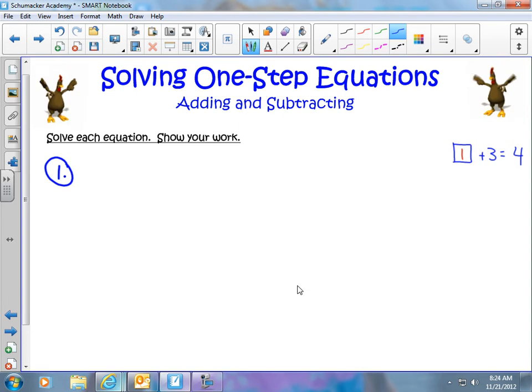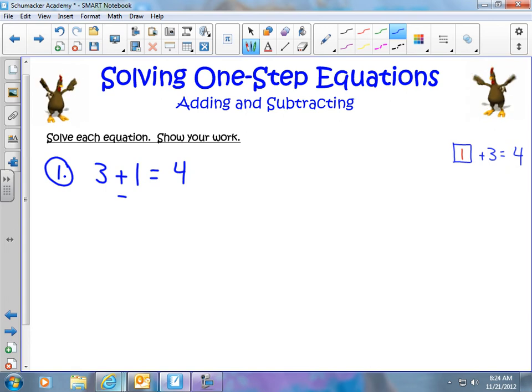Now, what is an equation? Well, basically, an equation is a statement saying that one expression is equal to another expression. And when you're doing this, you've got to keep both expressions equal the whole time. For example, if I have 3 plus 1 equals 4, as you can see, both sides here are equal to each other.